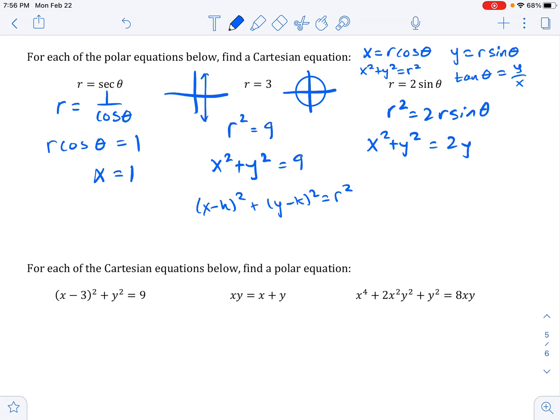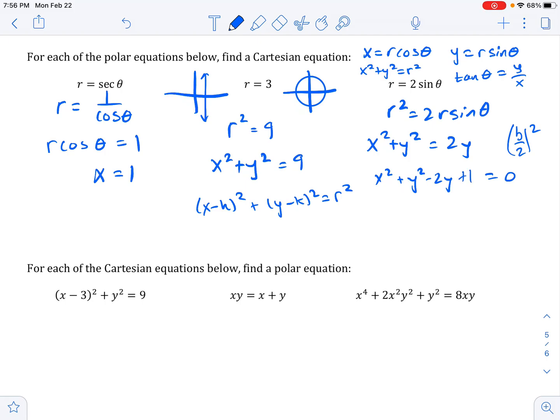And you might say, oh, well, okay, I'm done. Well, but let's get this into this form that we showed right here. And so what will we do? We're actually going to complete the square. So we're going to have x squared plus y squared minus 2y equals 0. And why did I leave the space there? Well, because let's do this whole b over 2, so b over 2 quantity squared. And so negative 2 squared is positive 1.